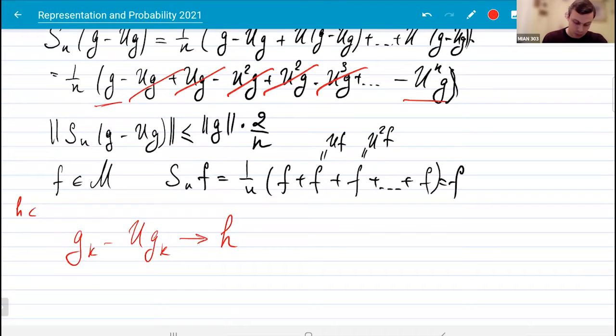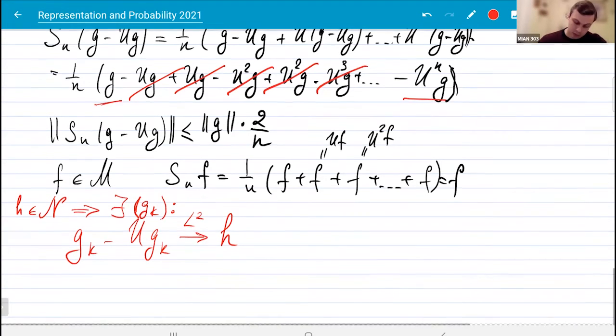So h belongs to N, therefore there exists g_k such that the convergence is, of course, in our norm, in the L2 norm.